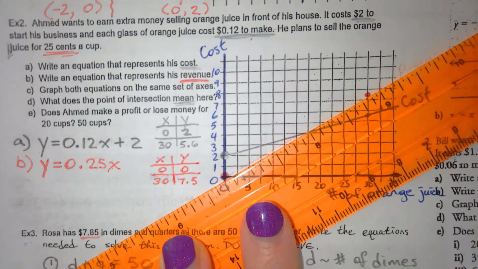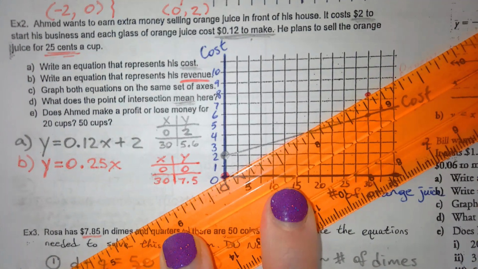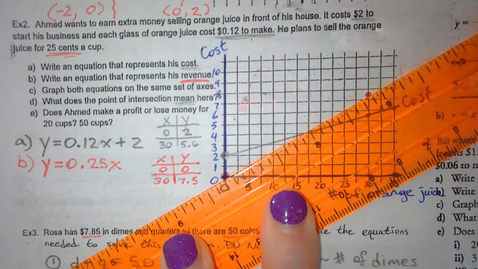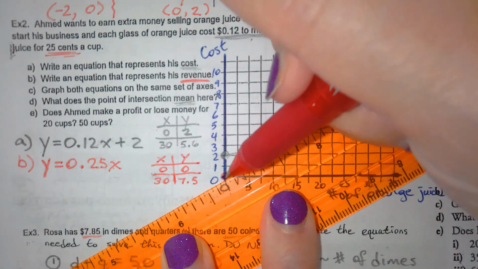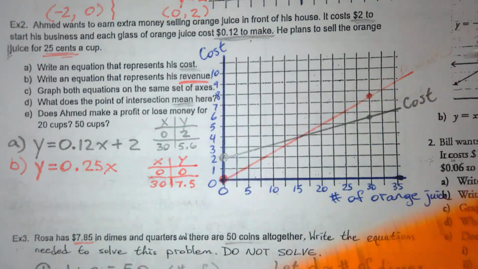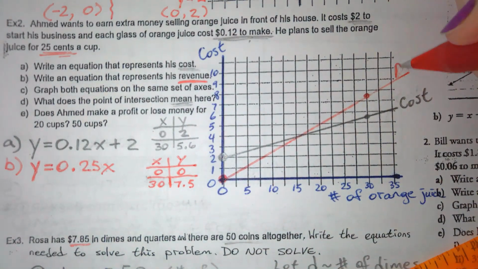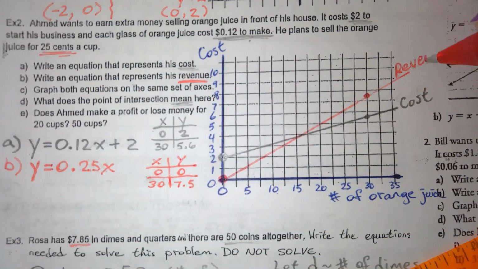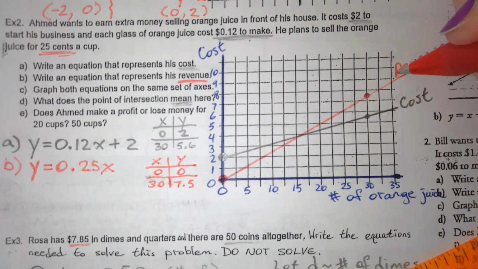So I get my 2 points, and I'm going to draw my line like this. Okay, and this is my revenue line. Put an arrow on it.